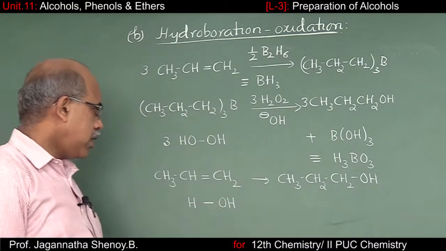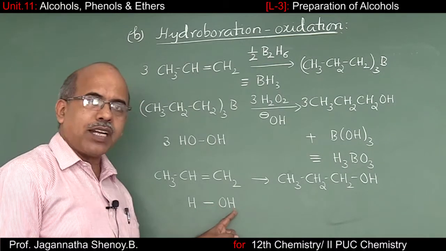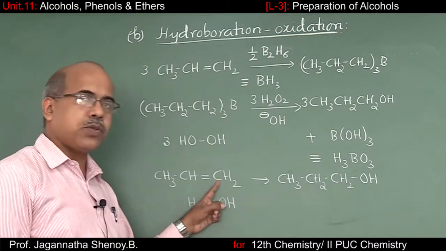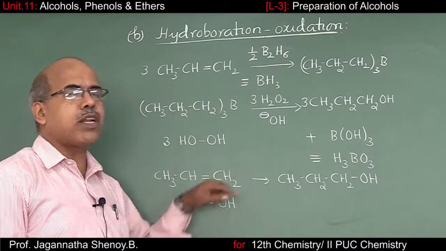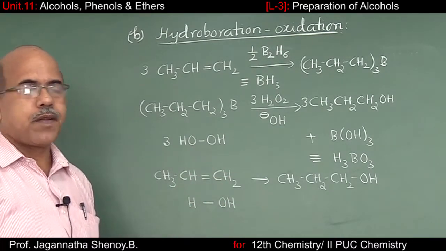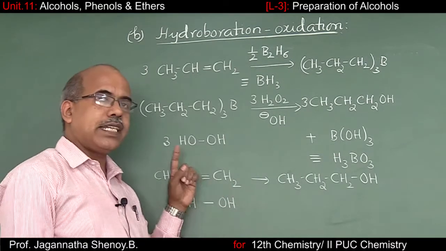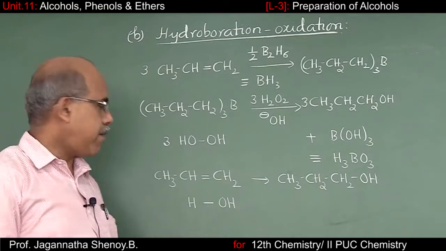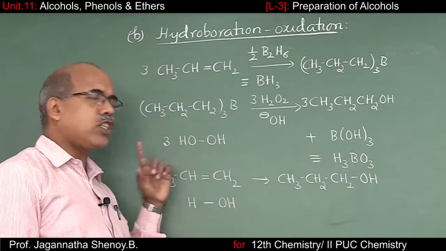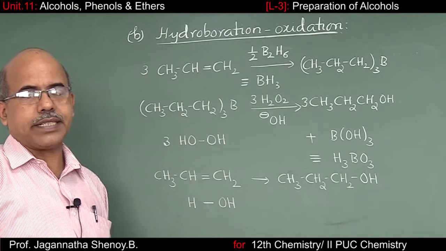In other words, the negative part of water gets added to the carbon atom involved in the double bond containing more number of hydrogen atoms. That's why we say the net effect is anti-Markovnikov's addition of water across an unsymmetrical alkene.